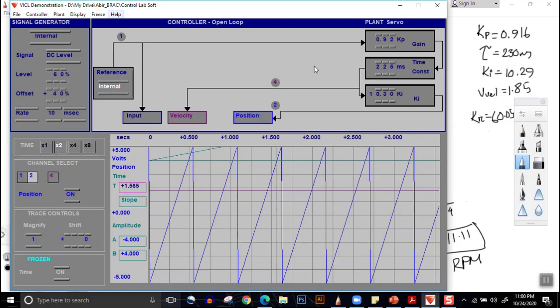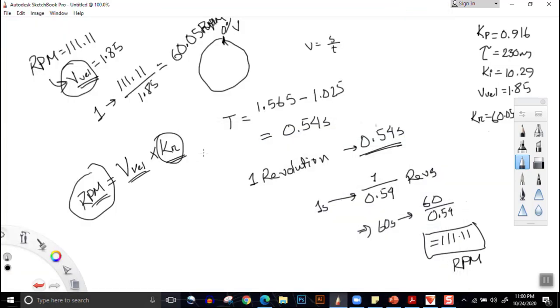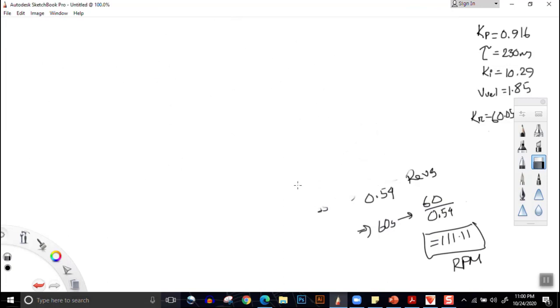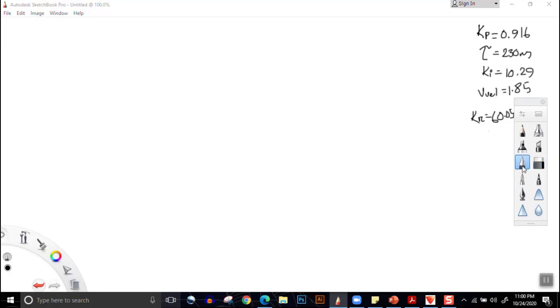So if we just look back at what we learned from this experiment and recap it a little bit, let me erase this portion. The target of this experiment at first was modeling a plant. In this case, the plant is the servo system.